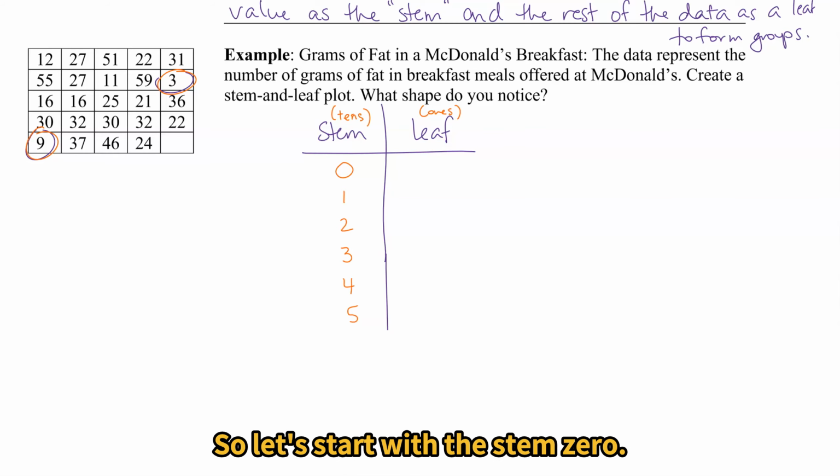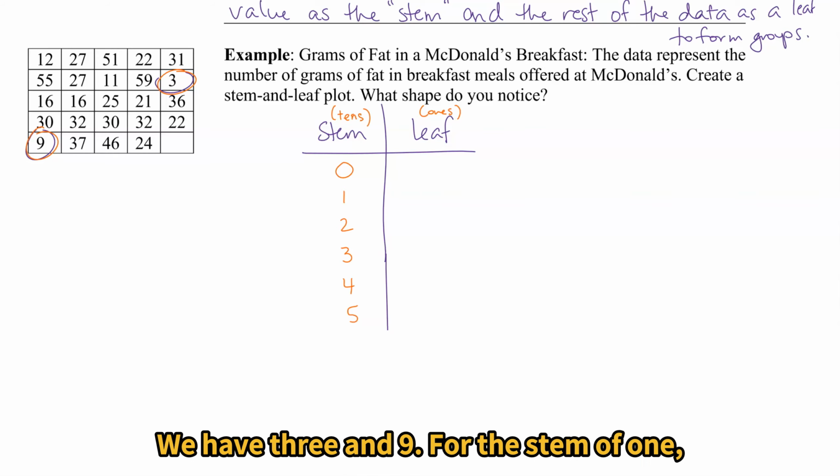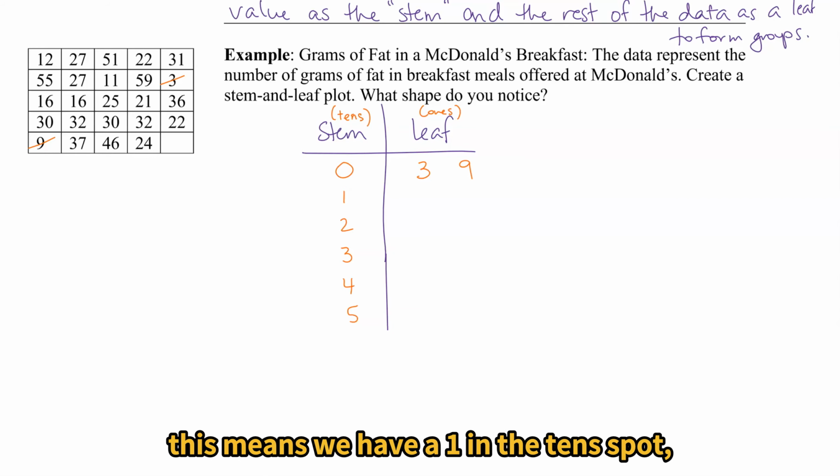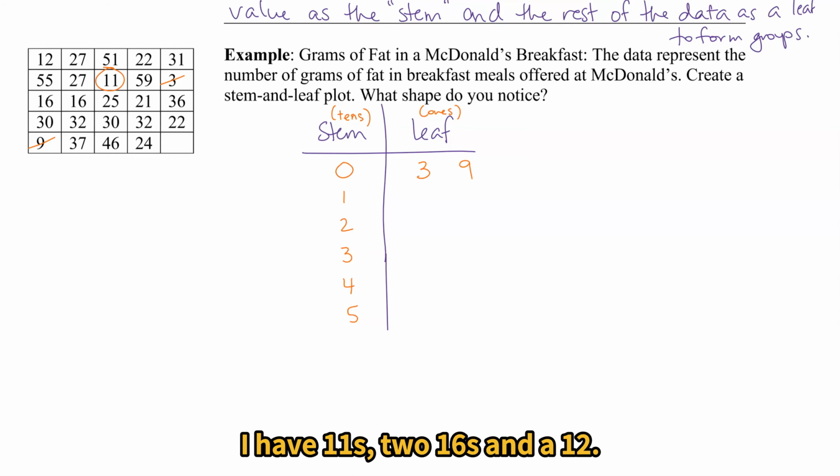So let's start with the stem 0. We have 3 and 9. For the stem of 1, this means we have a 1 in the 10 spot. I have 11, 2 16s, and a 12.